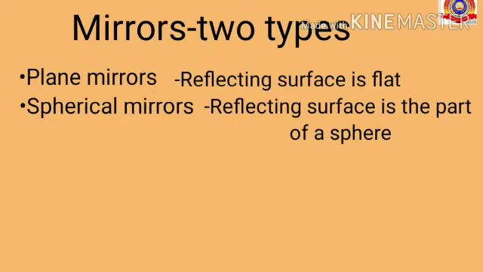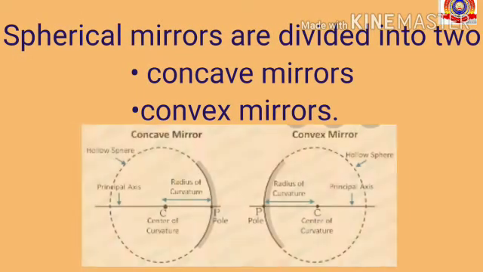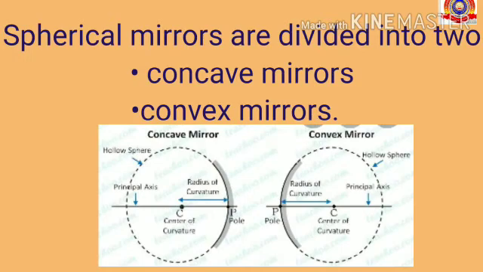Spherical mirrors are classified into two, concave mirrors and convex mirrors. You already know that the reflecting surface of the concave mirror is curved inwards and the reflecting surface of the convex mirror is curved outwards. Today, first we are going to study image formation by concave mirrors.